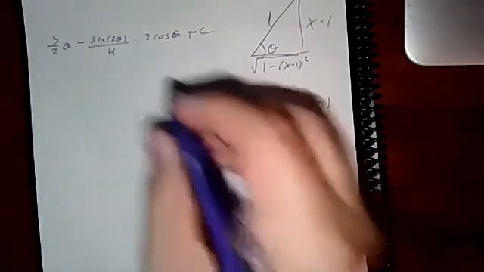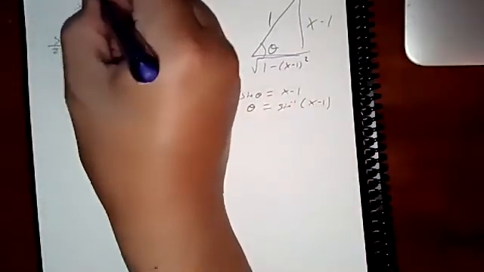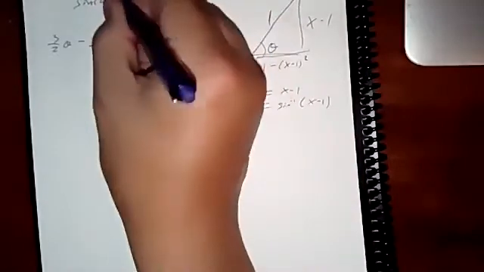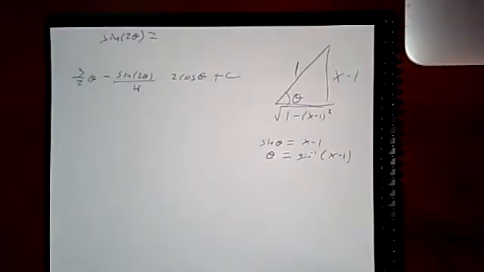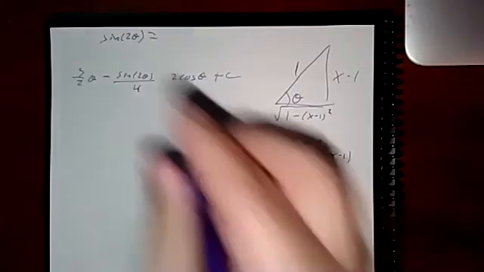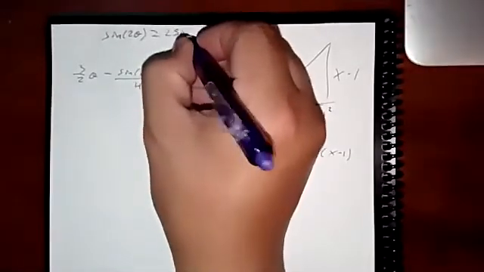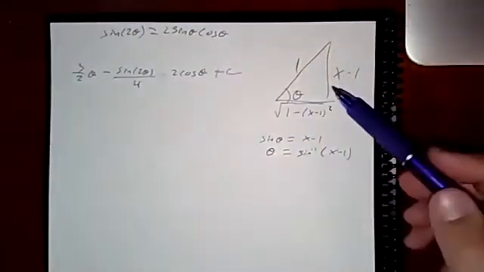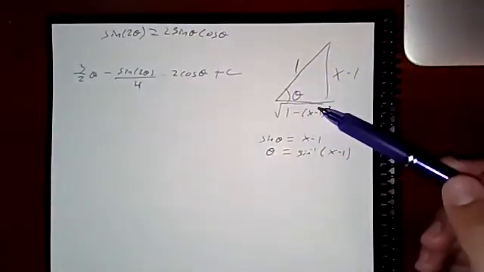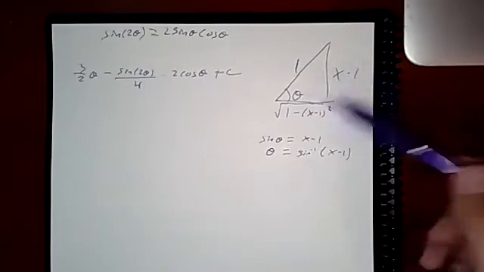Also, we need the formula. What is sine 2 theta? Do you guys remember from pre-calc? What's the double angle formula for sine 2 theta? It's 2 sine theta cosine theta. So we're going to need that because the triangle is only for regular trig functions. I don't have sine 2 theta in here, right?